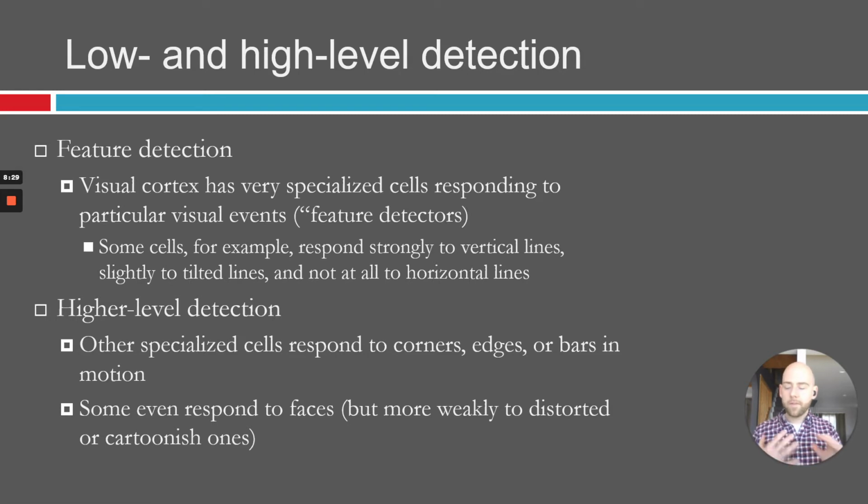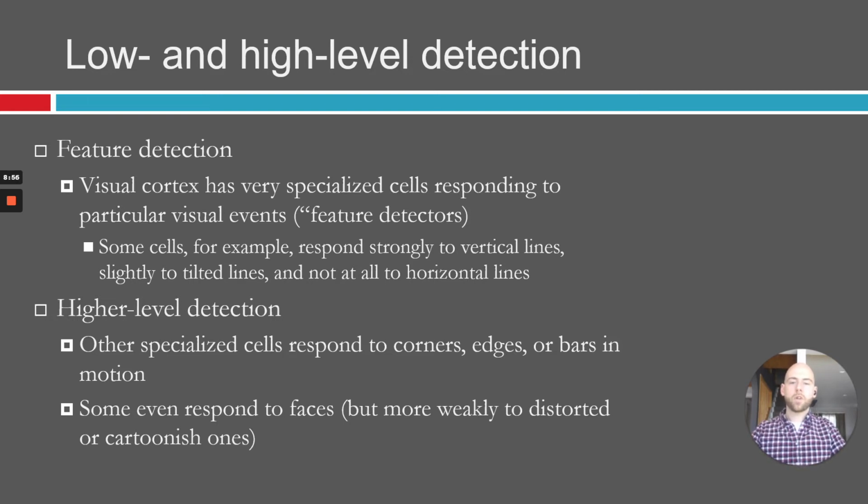We have even higher level detection than that, to see more complex shapes like corners or edges of things, or things in motion. And we even have some types of feature detectors that fire when we see faces, responding most to ones that look realistic. But even if you show someone a face with mixed up pieces, they might fire sort of weakly.